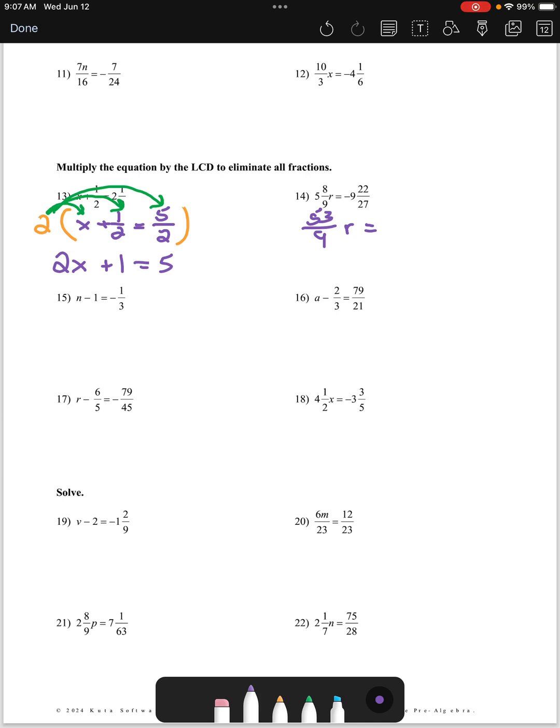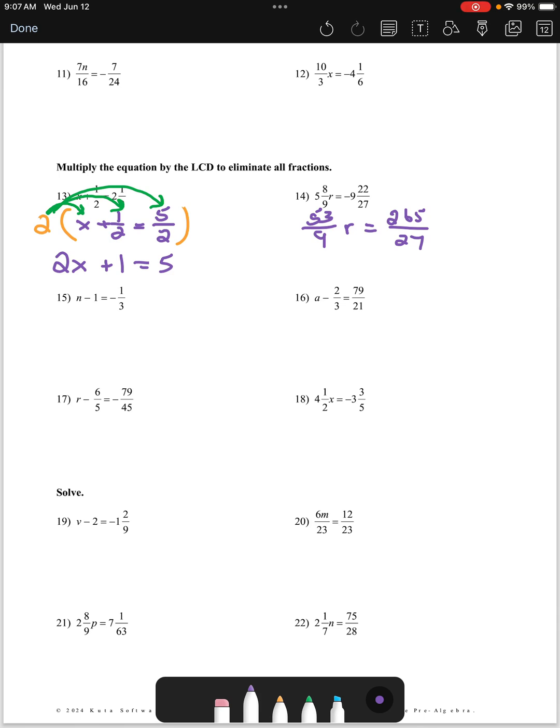As usual, in the interest of saving some time, I'm going to grab a calculator and do 27 times 9. That is 243. And then I'm going to add my 22 to have a fraction on the right-hand side of 265/27.